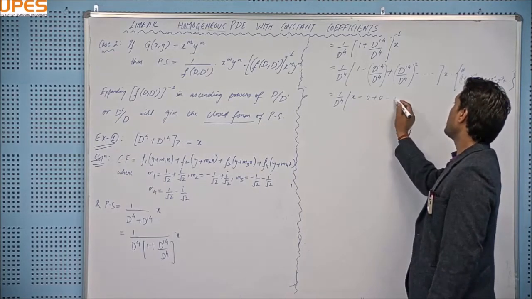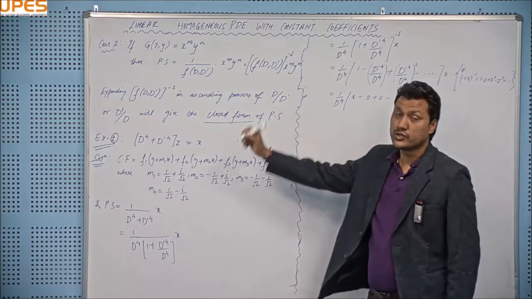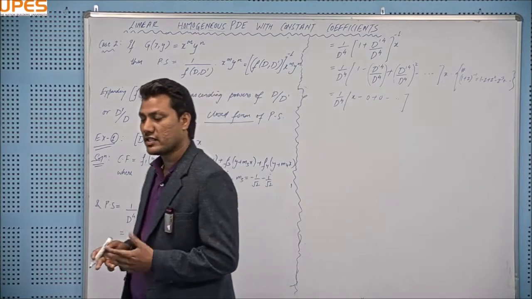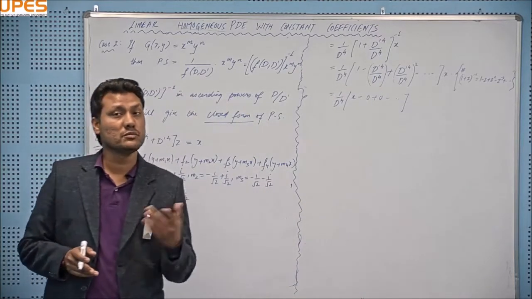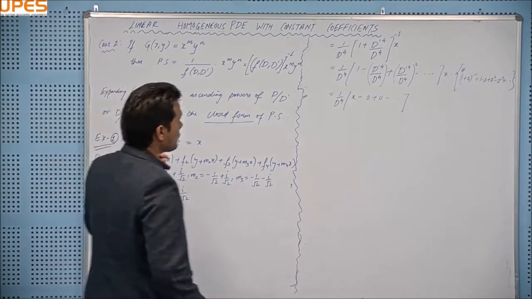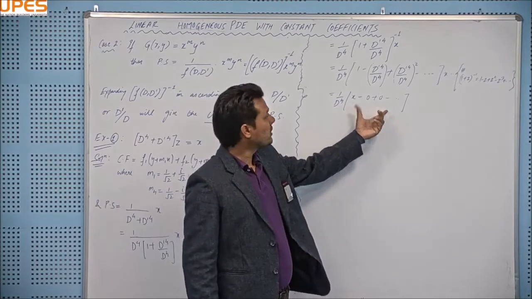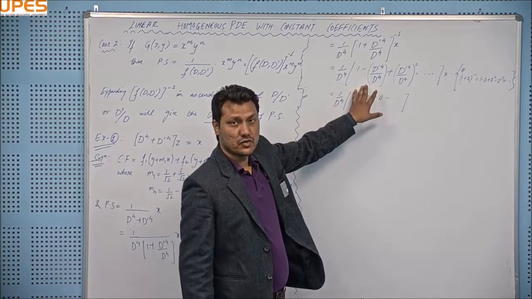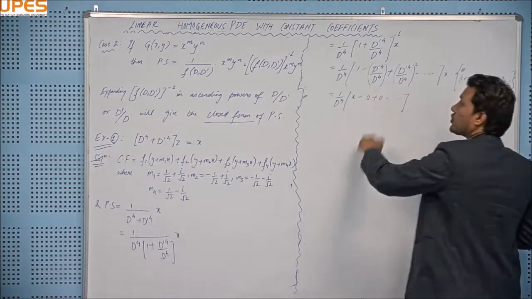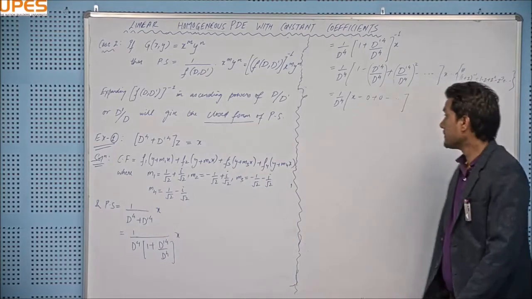This is a very good indication why this expansion is useful, because for a polynomial, x to the power n maybe, differentiating n times will give a constant, and differentiating more than n times will give 0. That is the key point why we always obtain a closed form here. This is not an infinite expansion. Although I applied the infinite expansion formula, at last I am getting a single term, a closed form of the solution. That is what we needed, right?